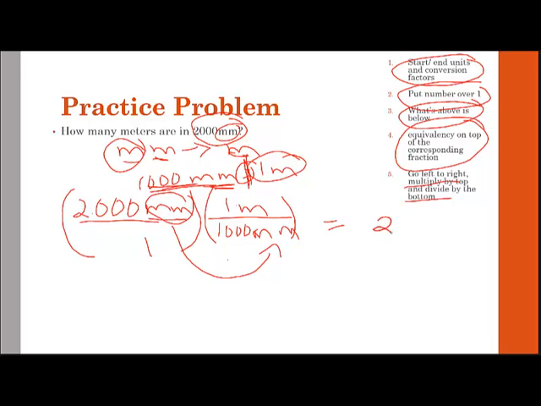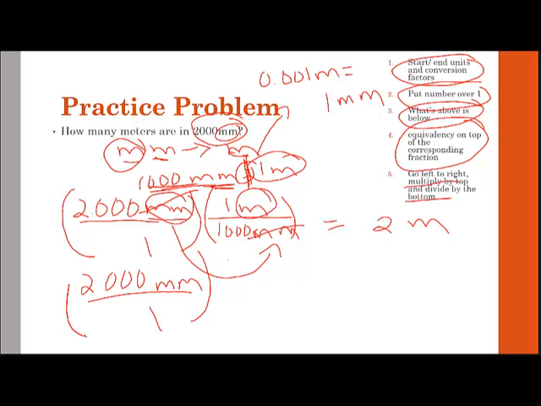Let's look at the letters, the units. The millimeters cancel out and you're left with meters. What you're looking for should be on the top of the last line. If by chance you used a different conversion factor and you used it in reverse, 0.001 meter is equal to 1 millimeter, the final answer is going to turn out the same. 2,000 millimeters.